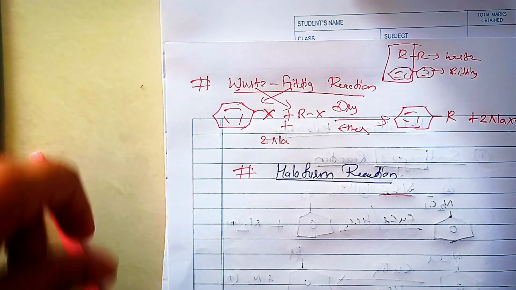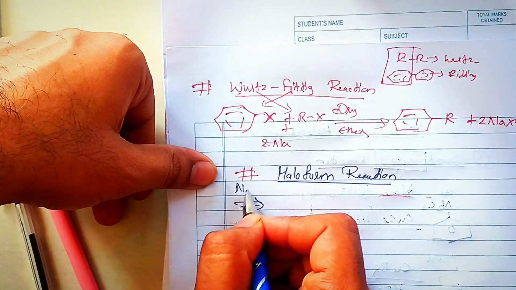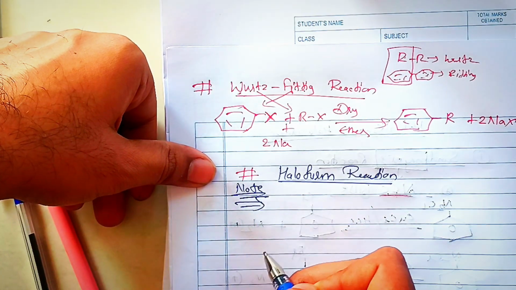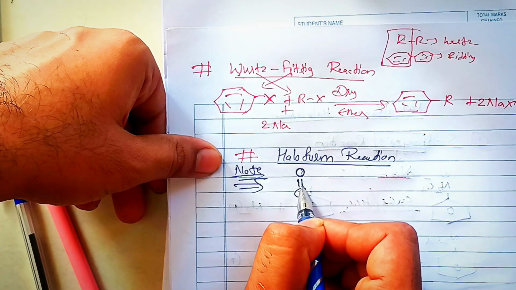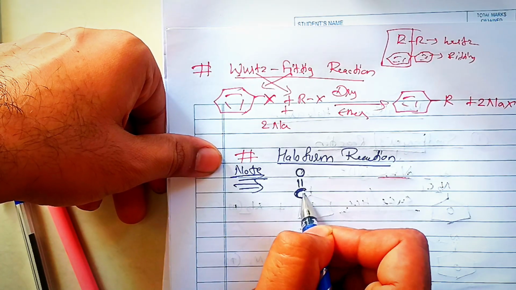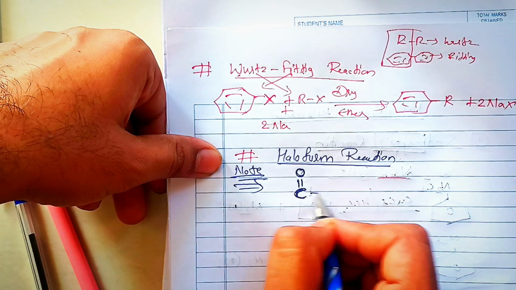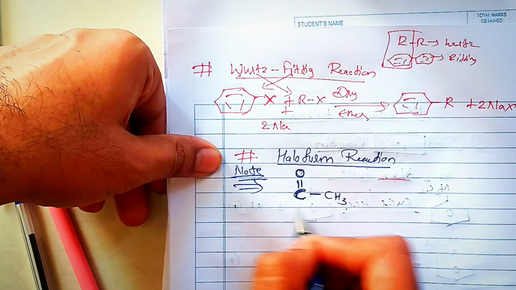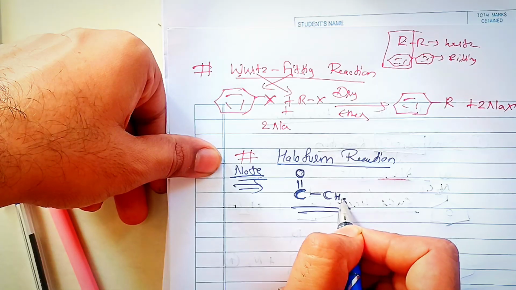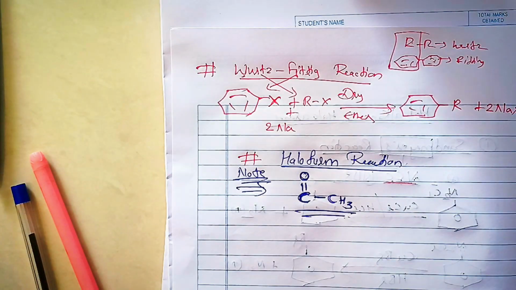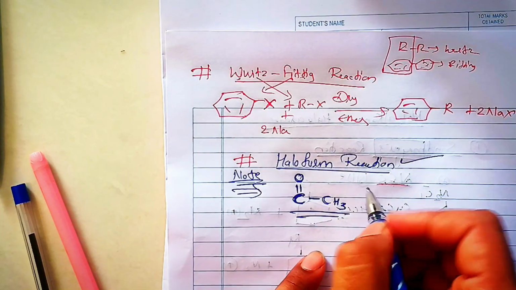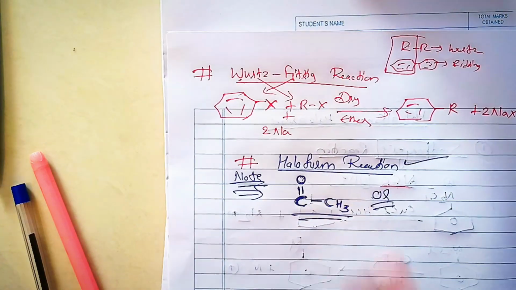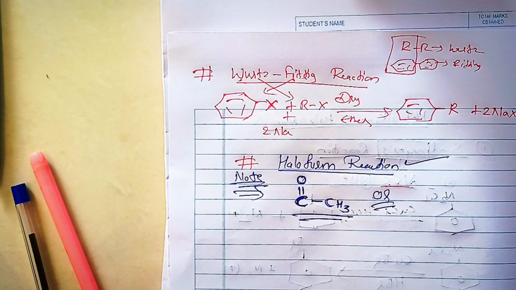I will just give one note: this haloform test is present only in the presence of a carbonyl group, when a C double bond O group is attached with CH3, then only the haloform positive test will take place. Or else, only one exception is there, that is for the alcohol.